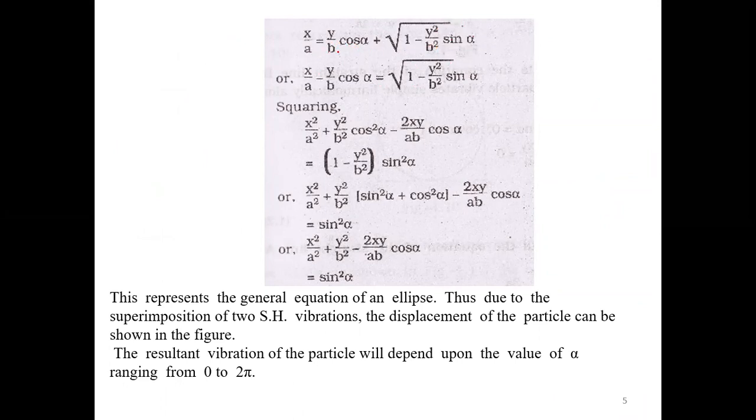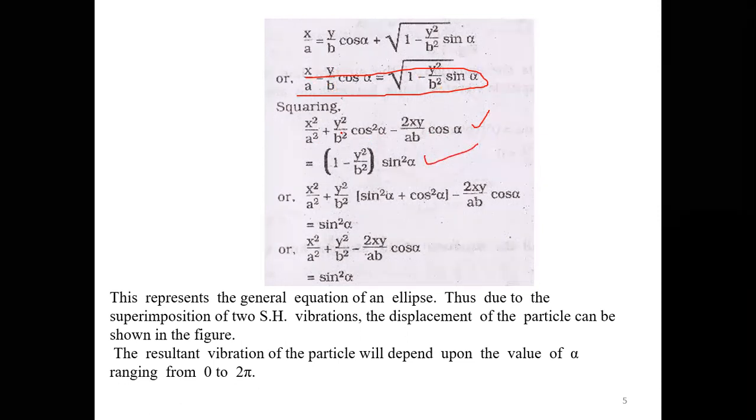And then if you change the side, x by a minus y by b cos alpha is equal to the square root of 1 minus y square by b square, times sine alpha. If you square both sides, this will be x square by a square, plus y square by b square cos square alpha, minus the cross term, twice xy by ab cos alpha, and that must be equal to 1 minus y square by b square, times sine square alpha.